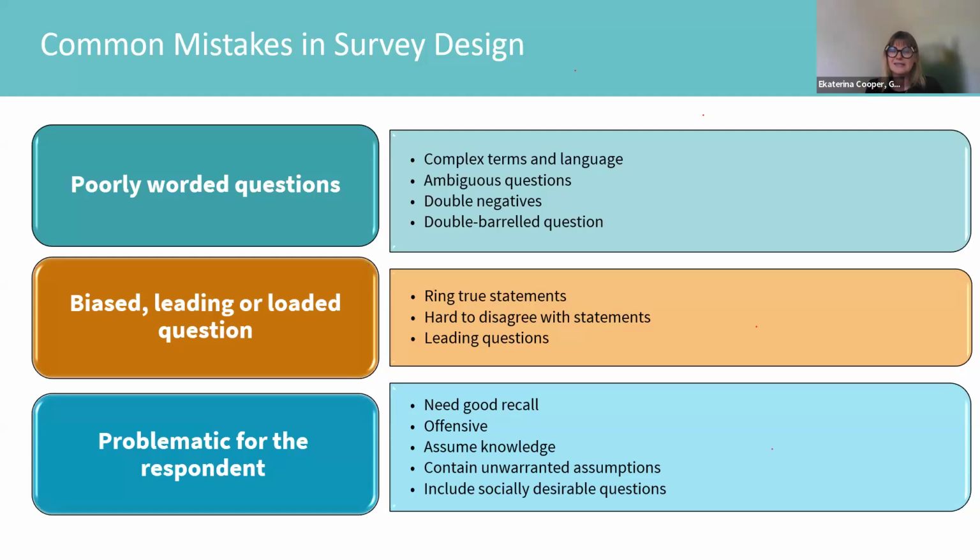So assuming they have certain knowledge or asking overly technical questions might give you very poor quality data. Try to avoid unwarranted assumptions. We also want to get meaningful data, but remember social desirability. So try to avoid questions where people will answer the way they think you want them to answer, as opposed to how they really feel or think.